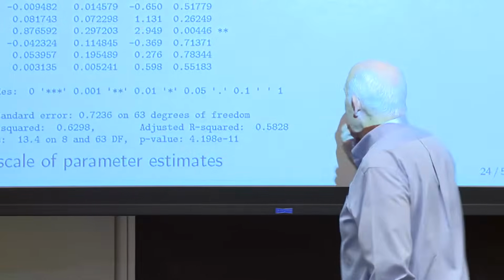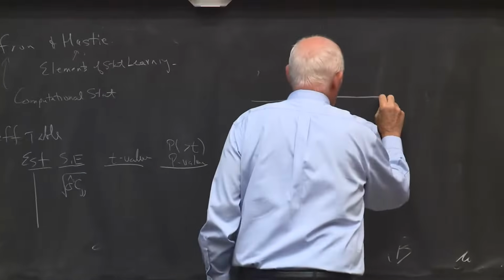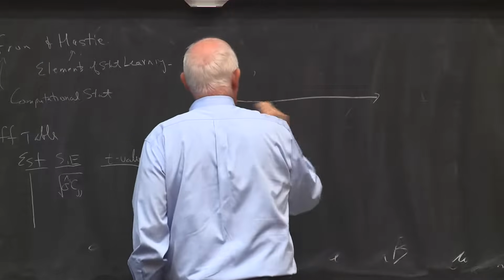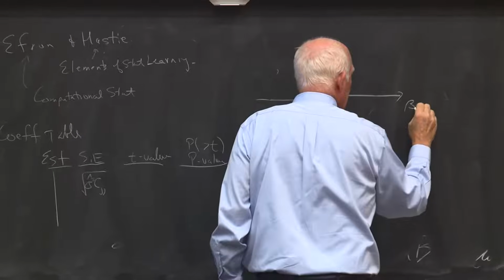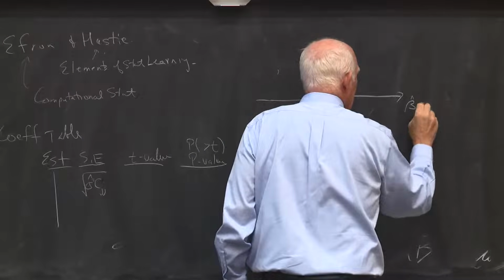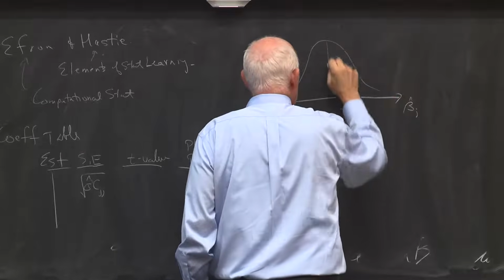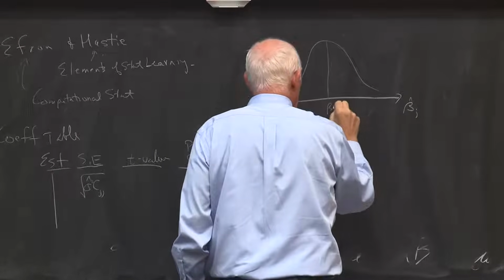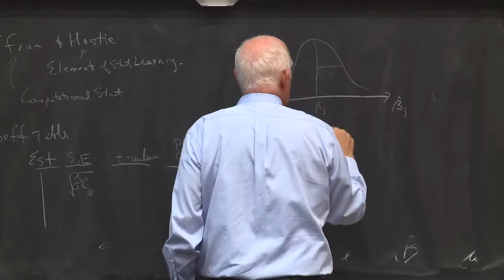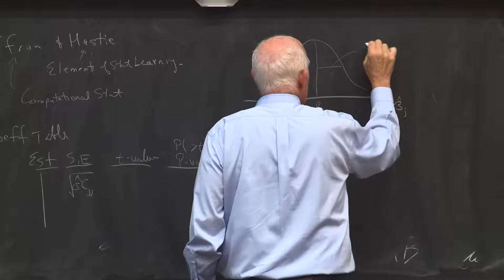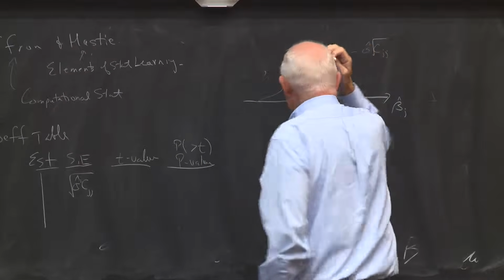And we can calculate the p-value. So if we have, say, a beta hat j value, it has this t distribution which is centered at the true beta j, and the spread is given by sigma hat times the square root of Cjj.